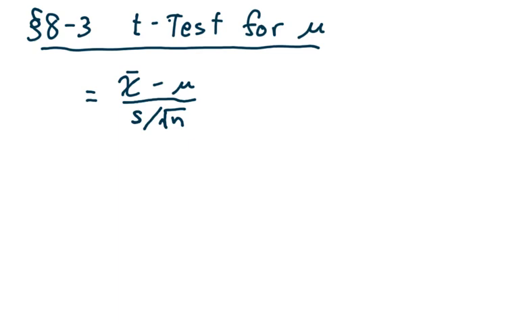But it's that little distinction, the fact that we either know or we do not know the population standard deviation. In this case, we do not know, and therefore we have to use the t-distribution, and therefore our test statistic is a t-value.